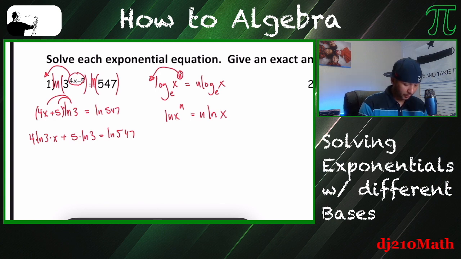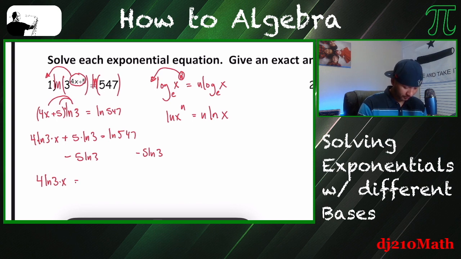Okay, we're going to subtract 5 ln 3, right? ln 3 is just a number, and it's being multiplied by 5. So 4 ln 3 times x, right? x isn't part of the argument. Equals ln 547 minus 5 ln 3.